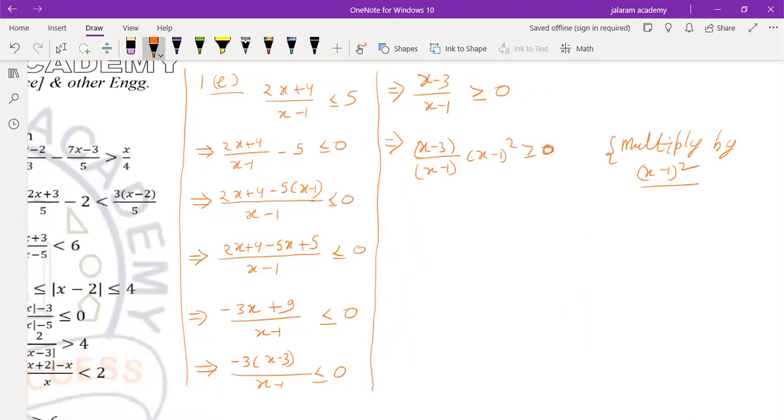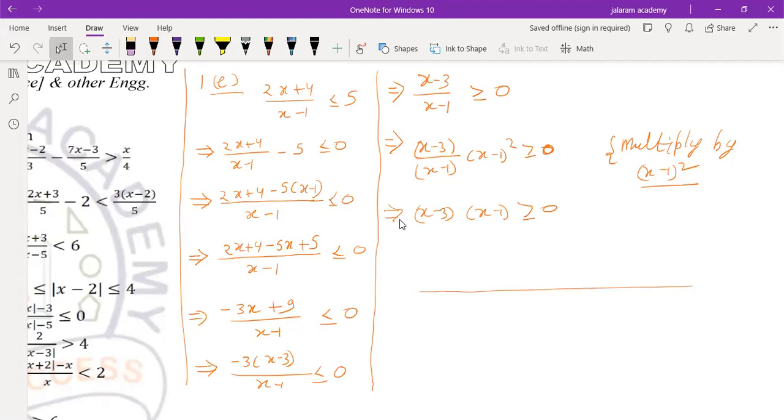But x minus 1 whole square is always positive, as a square of a number is always a positive number. Is that clear to you? So one of the x minus 1 will be cancelled out. x minus 3 into x minus 1 is greater than equal to 0.